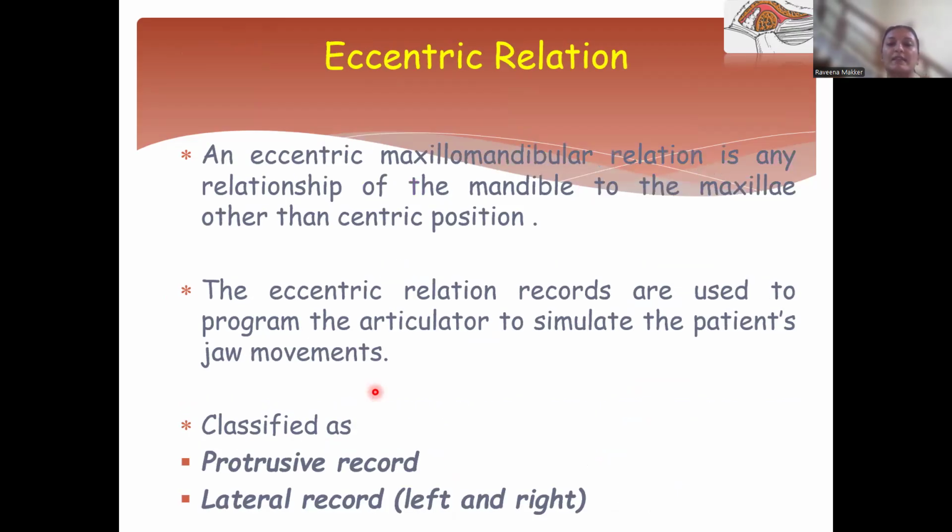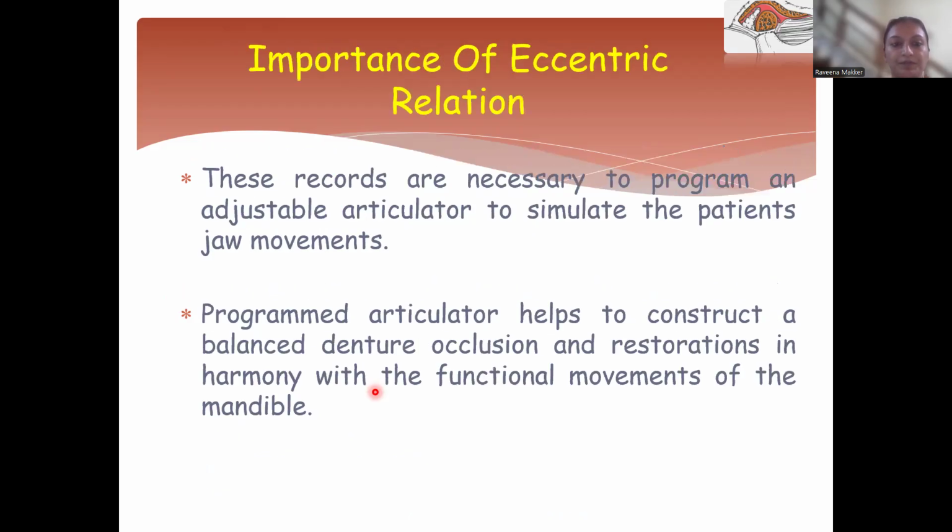Now we come on to the eccentric relation. An eccentric maxillomandibular relation is any relationship of the mandible to the maxillae other than the centric position. The eccentric relation records are used to program the articulator to simulate the patient's jaw movements. They are classified into protrusive records and lateral records, which can be further divided into left lateral record and right lateral record.